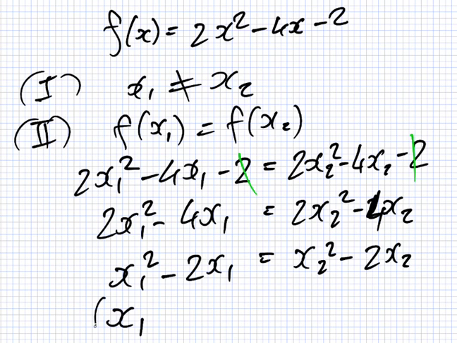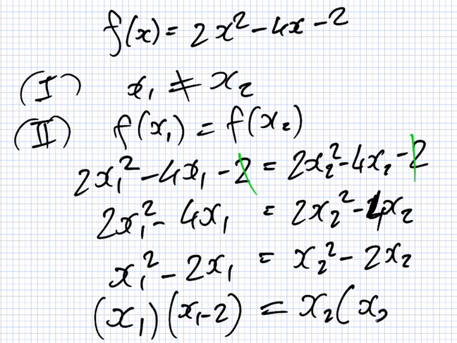This is x1 times (x1 minus 2) equals x2 times (x2 minus 2). So I would like you to give me two numbers which are different, but this is true.